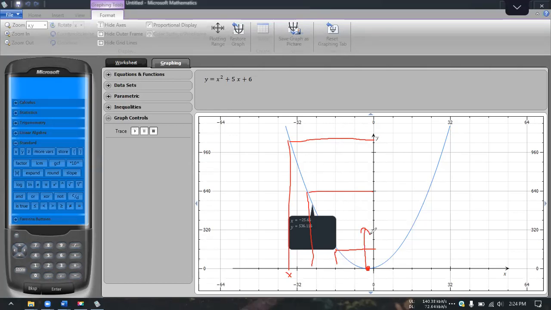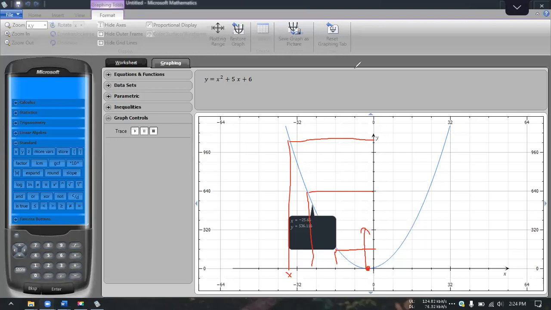So our domain, no problem, since it is just the real numbers. But for our range, the restriction must be from this point and so on, or upward, or any values of y greater than or equal to this point. And what is this point? It is actually the vertex of the parabola.